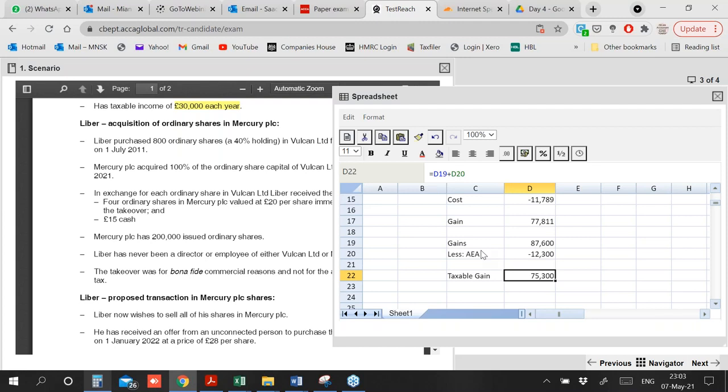So now I know that 7,500 of the remaining basic rate band has been left. So 7,500 of the income will be taxed at 10% and the remaining income will be taxed at the higher rate.